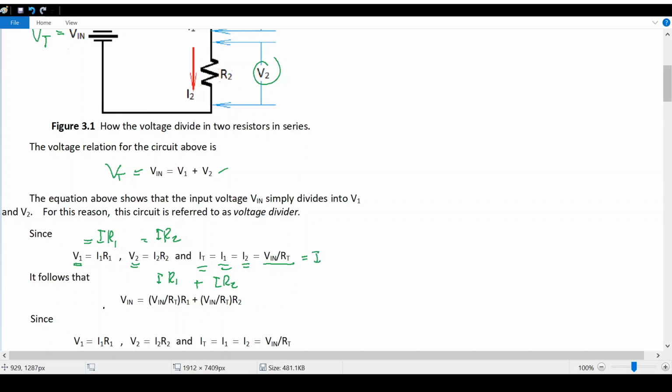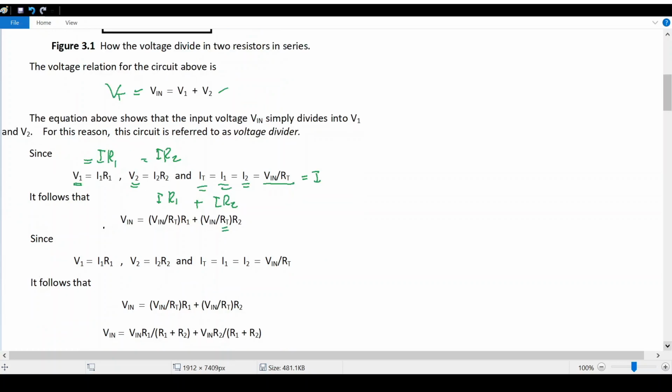So the I is total voltage over R total. We can also express R total as the sum of the resistances, which is R1 plus R2. This is the equation form.